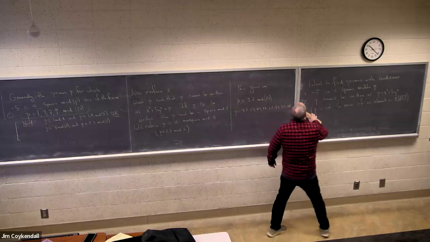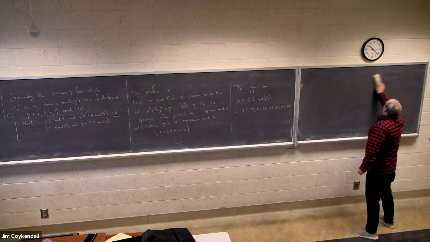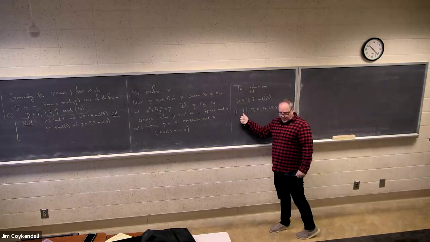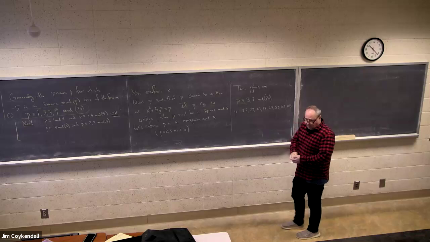Now, you can check, for example, here's a simple one. For 3, you can't write that as the sum of a square and 5 times a square. 7, all these have this property.